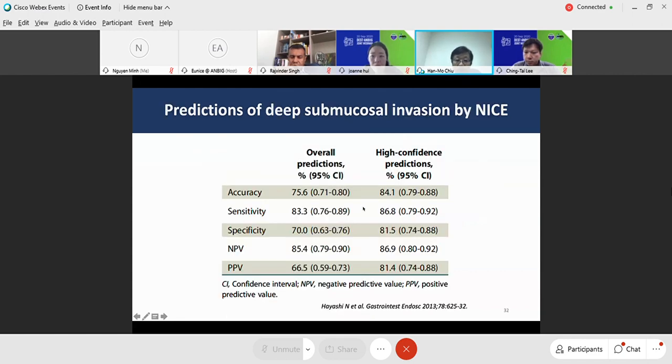So using the NICE classification, we can see the specificity of predicting deep or superficial invasion is not very high. You can see the overall specificity is only 70%, and even under high confidence prediction only reaches 80%.